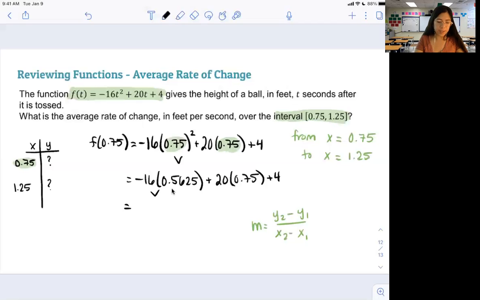0.5625 times negative 16 is negative 9. 20 times 0.75 is 15. And then plus 4. Negative 9 plus 15 plus 4.